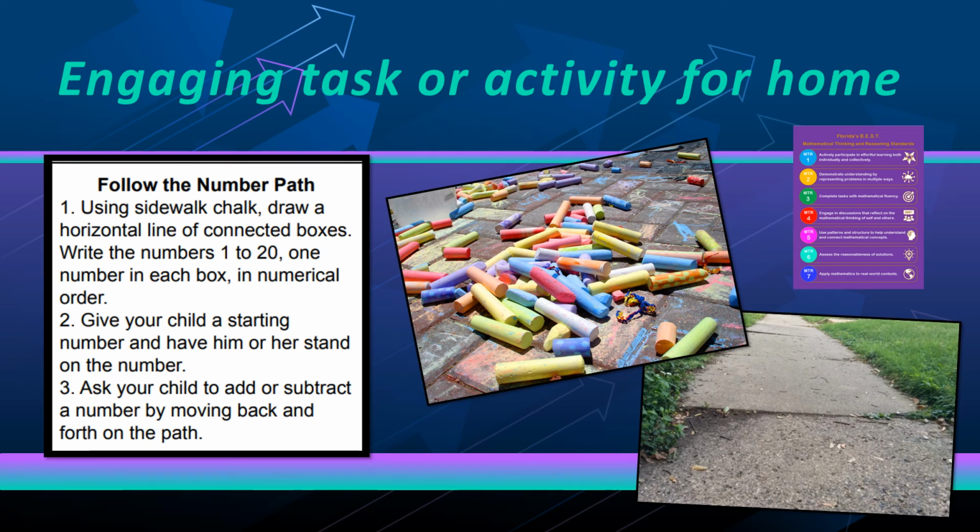They can then add or subtract, jumping that distance to move back and forth on their path. The purpose of this activity is for students to practice going through the action of adding or subtracting and how it affects the value of those digits. The parent letter includes this and many other activities for home, so make sure to check it out.